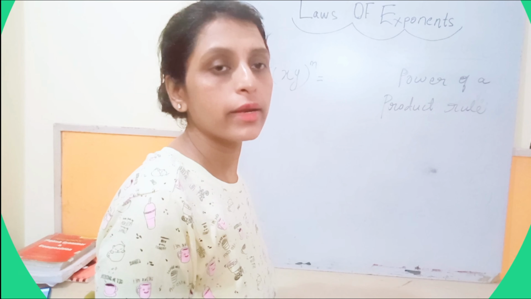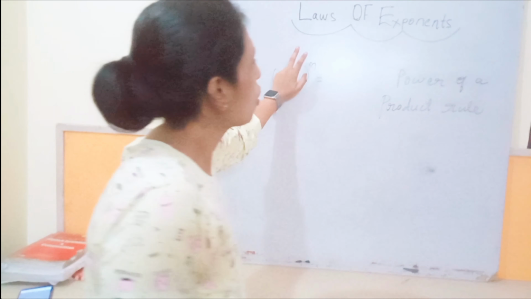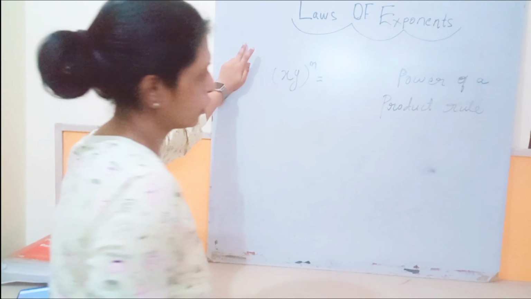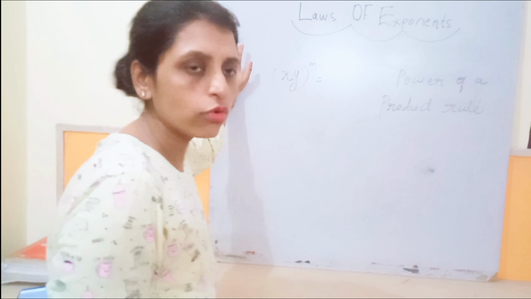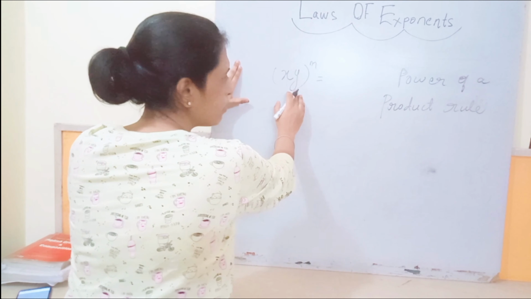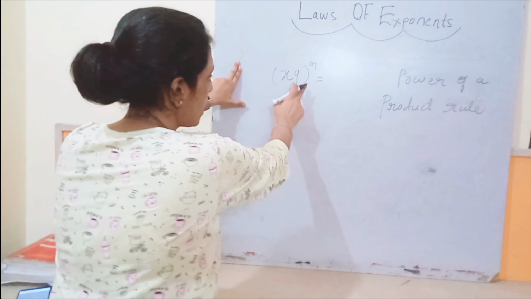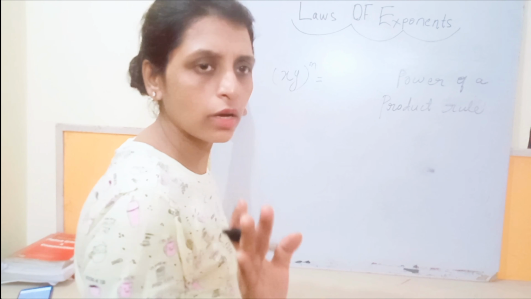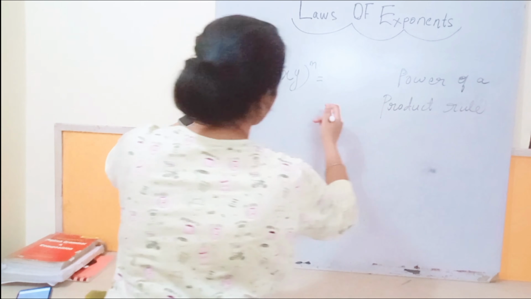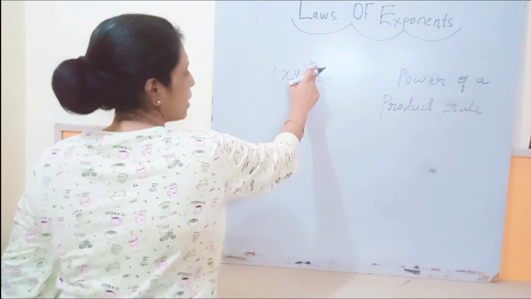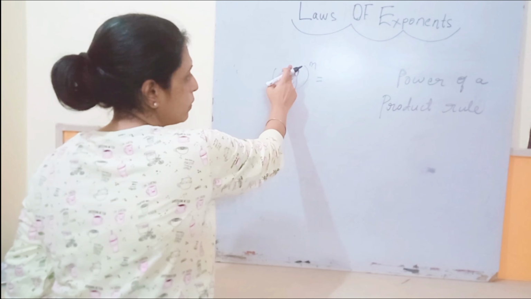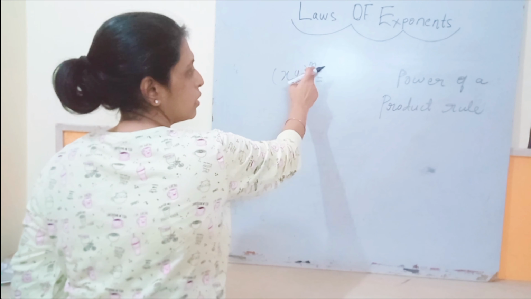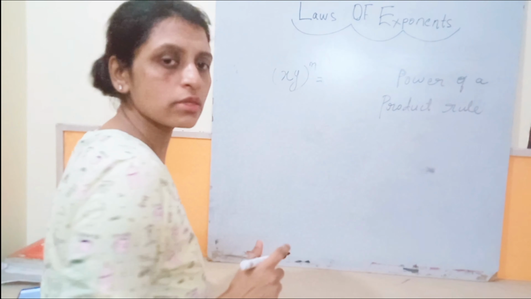Okay, now the next law of exponent is the power of a product rule. The power of a product rule means here we have two different bases, x and y, and it has one common power. Okay, so the power of a product rule says that this m, the power will belong to x also, and this m as a power will belong to the base y also.